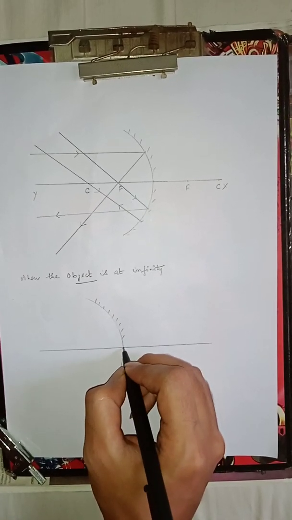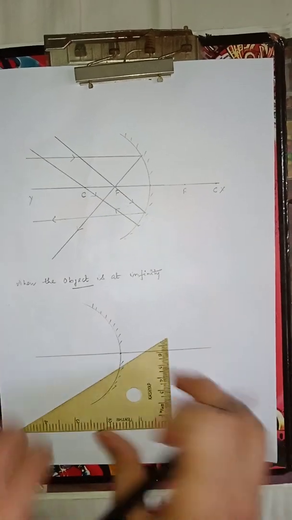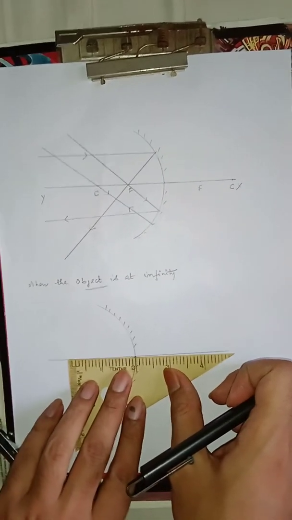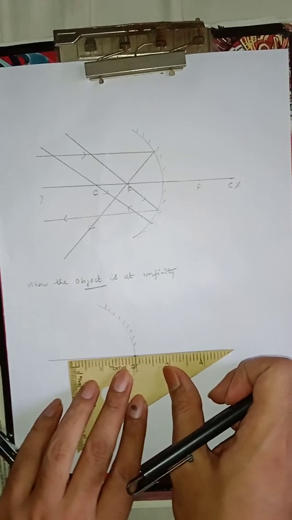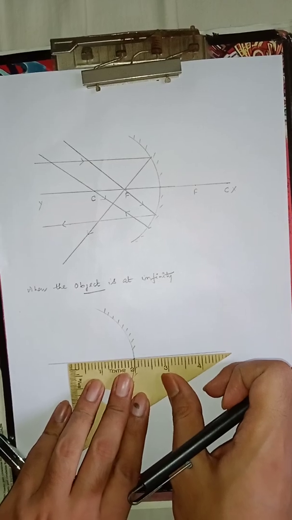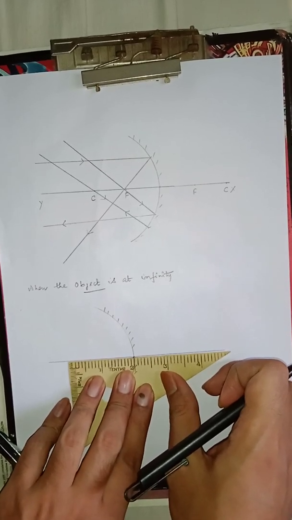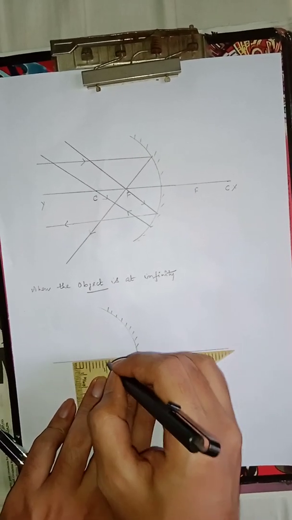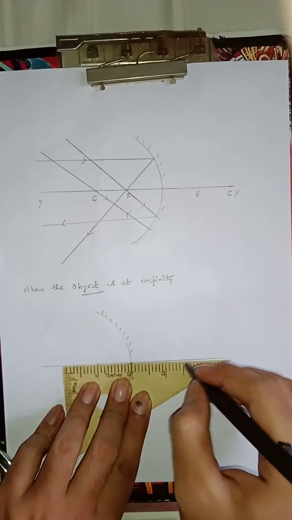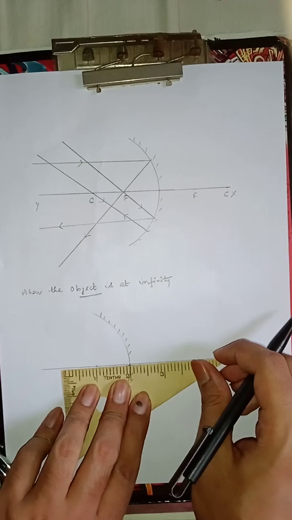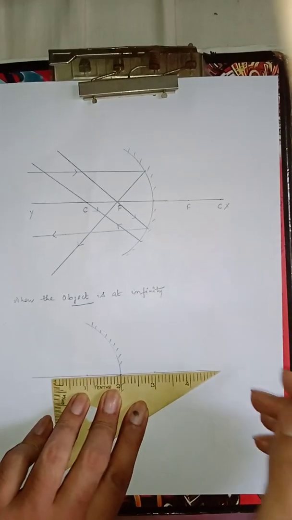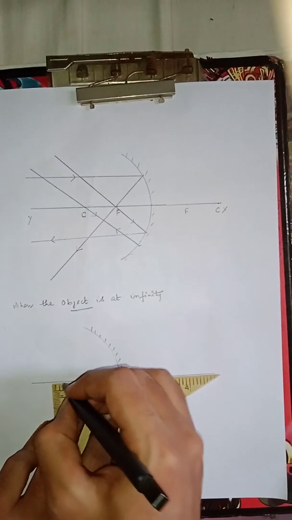This one is the pole. From the pole I am considering equal lengths for focus. So if this one is the pole, this one is the principal focus on the left side, and at equal distance this one is the principal focus on the right side.